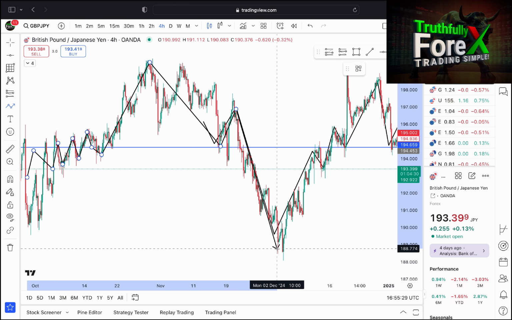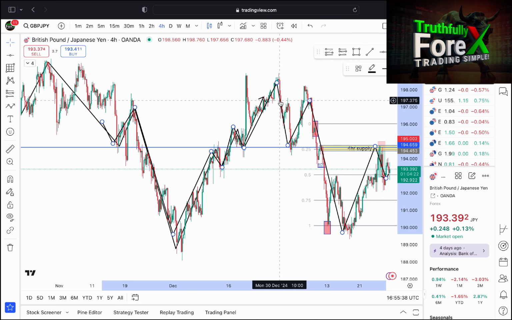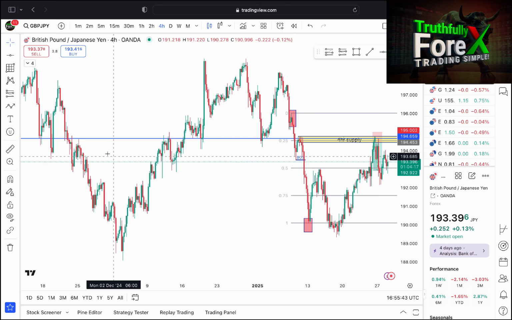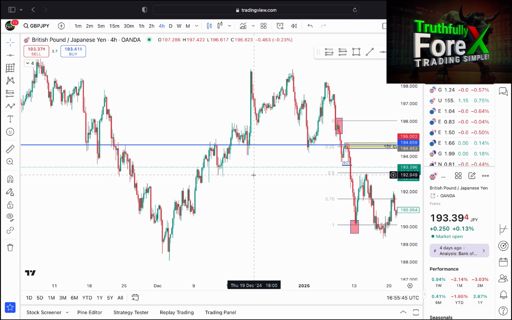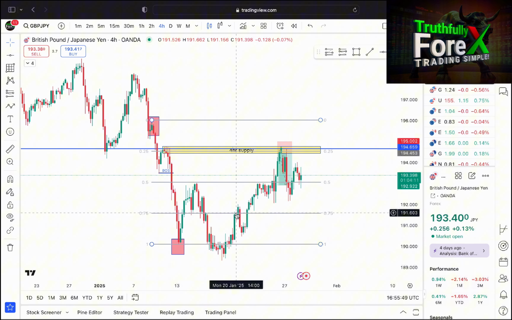Just to make it pretty straightforward for you, I'm just going along with a path. So as you get the gist anyway, it's a good resistance level, and I'm sure you can see yourself that price has respected it. So this is exactly why I took the short trade, because it lined up with the supply.